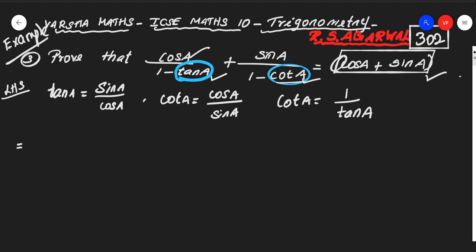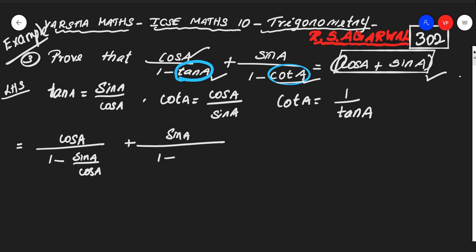Take your LHS: cos A divided by 1 minus tan A, so we write sin A by cos A. Plus sin A divided by 1 minus cos A by sin A, because this is cot.